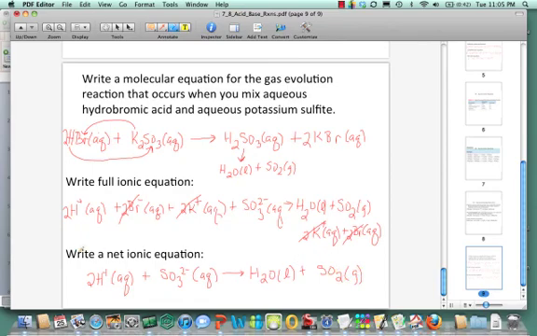So that is what is called our net ionic equation for that reaction.